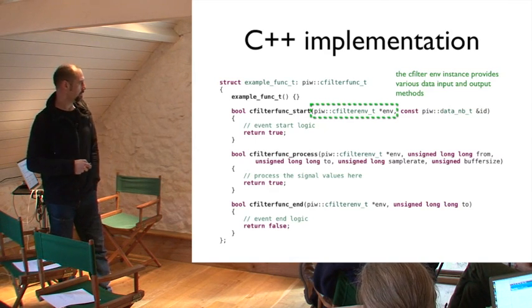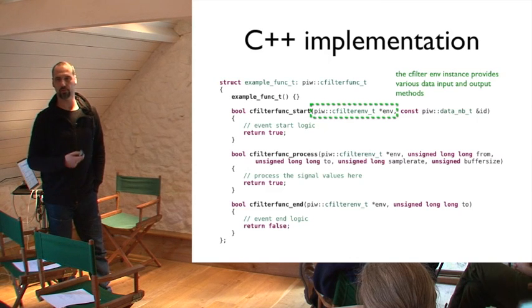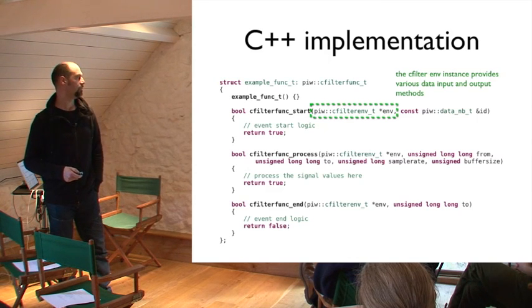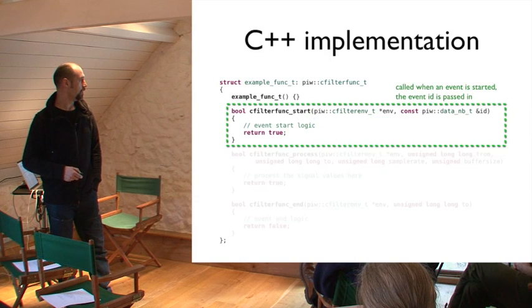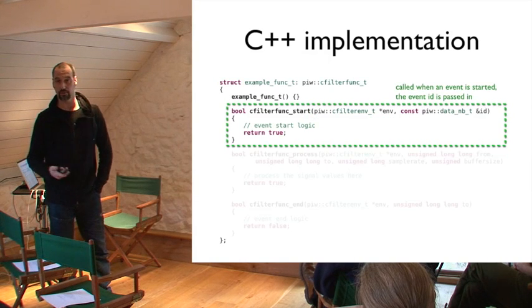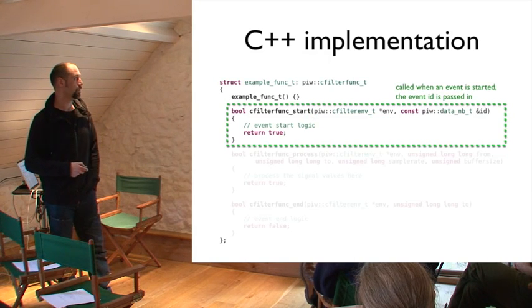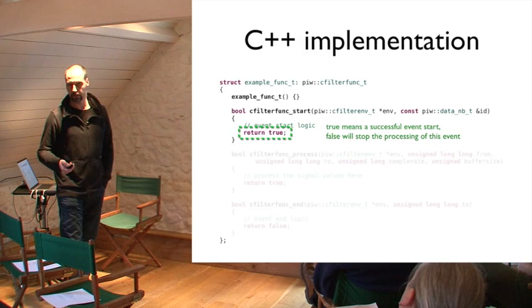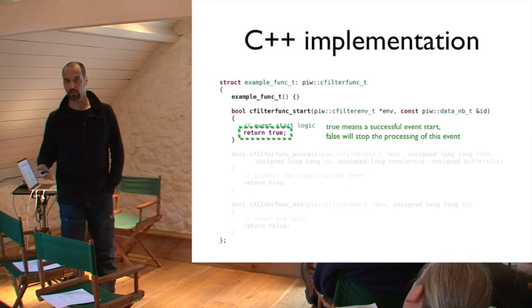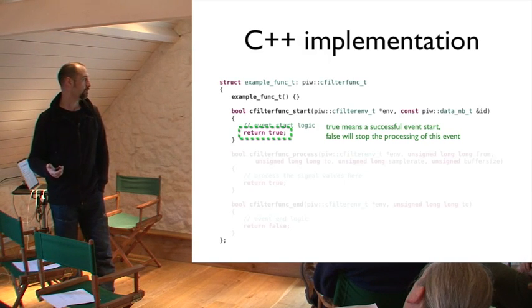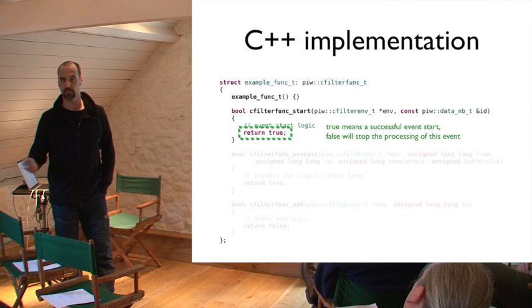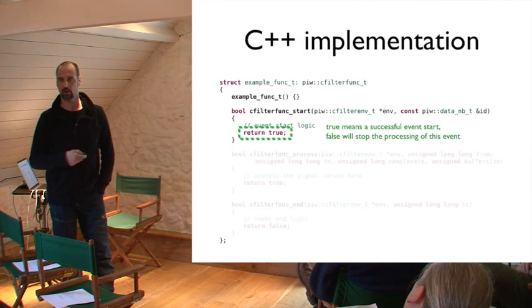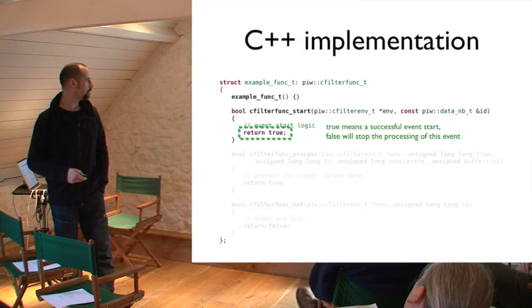So this is the actual handle that you get into the functionalities that C filter provides. And the first function is very easy. When an event is being started, this is being called. You get the event ID being passed in, and then the return value indicates if this was actually a successful start or not. If you return false, then it will stop processing of this event, and the event will end. So no other callbacks will continue.